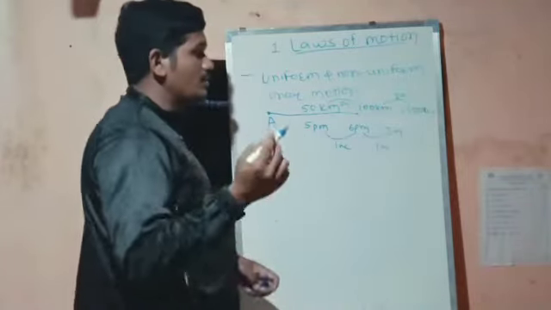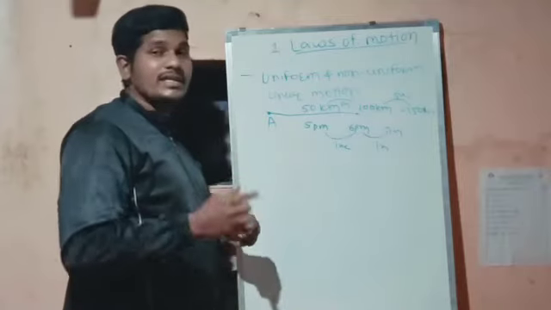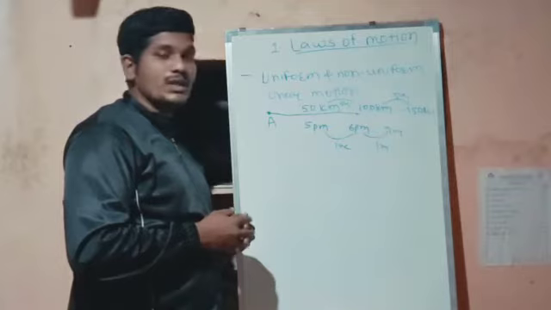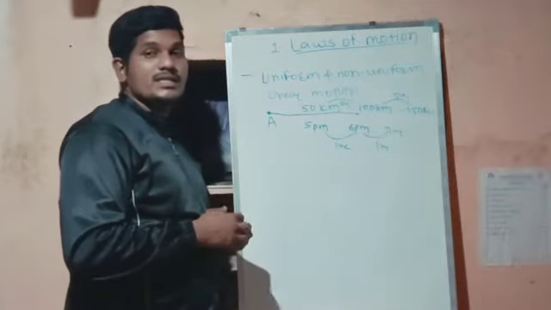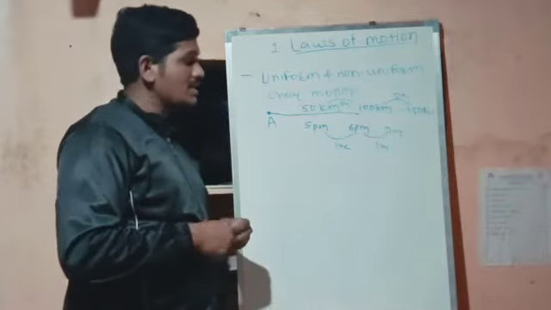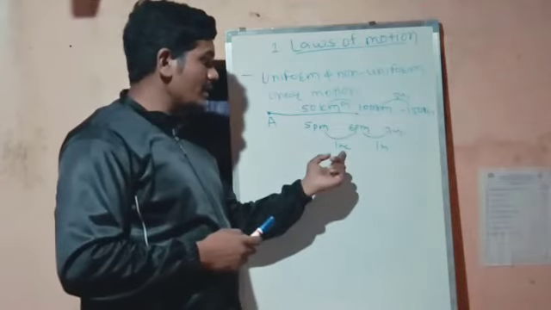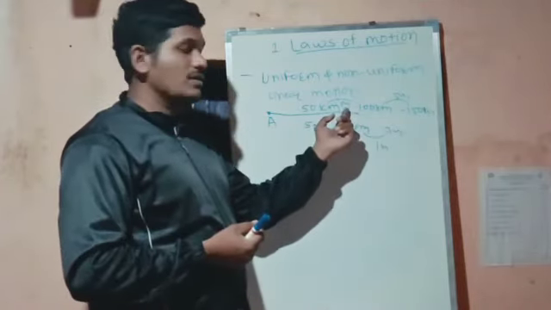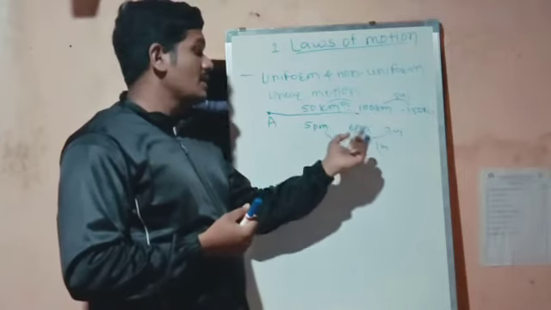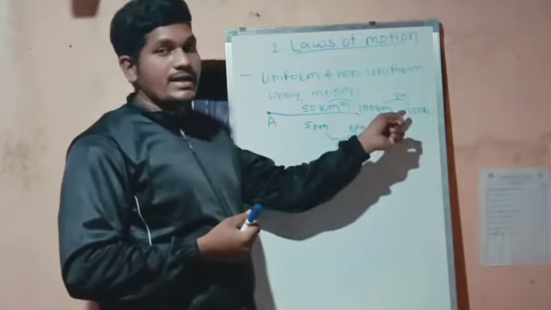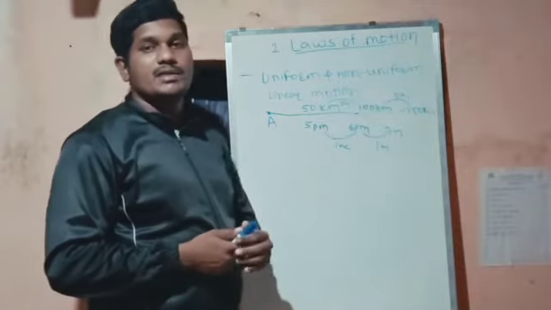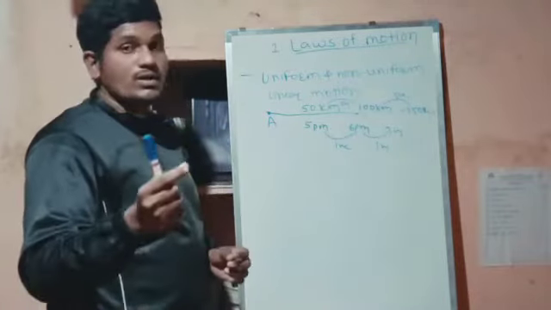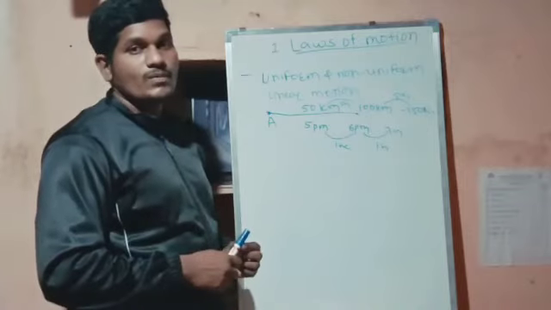So you have observed that at equal intervals of time, the distance covered by the particular object is also equal. It means in 1 hour it covers 50 kilometers. In the next 1 hour, again 50 kilometers has been covered. So this kind of motion is called uniform linear motion.